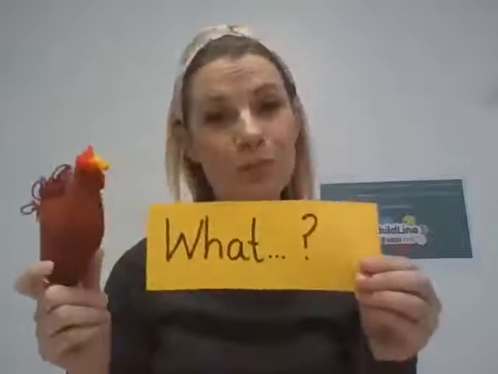Now, we're going to have a go. I'm going to show you, and I'm going to use Little Red Hen. Which question word do I need to use? Well, I want to find out about Little Red Hen's favourite food. So I need to use the word, let's see, what?